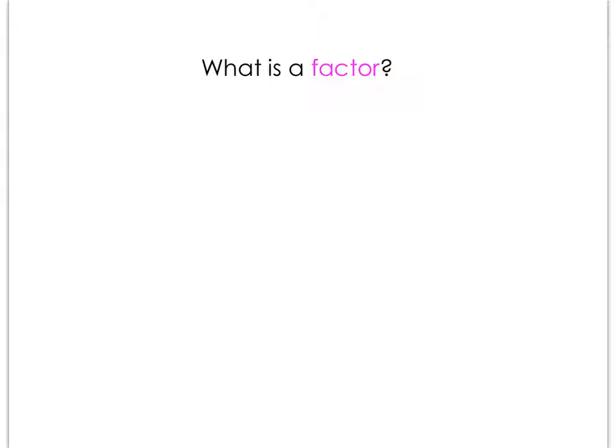So a factor is an integer number or variable that you can multiply by something to get a product. So I'll write down an integer, and the reason I write down an integer is because factors are typically not decimals or fractions.